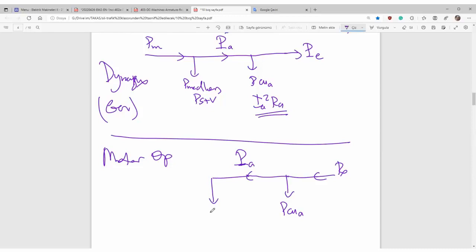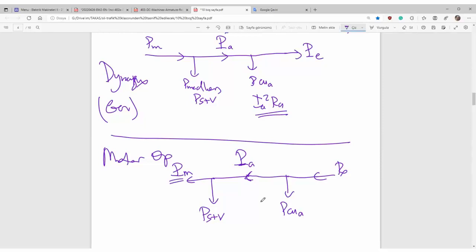Some of the induced power, or mechanical power, converted in the armature will be lost in mechanical parts as friction and windage. The rest of the mechanical power goes out from the shaft as net mechanical power.